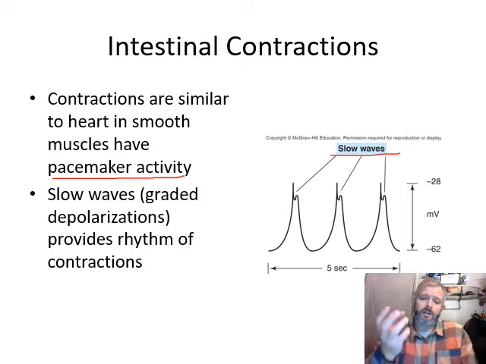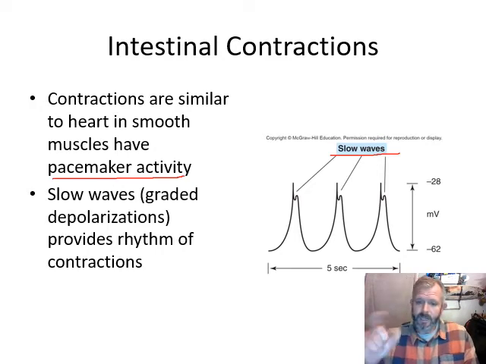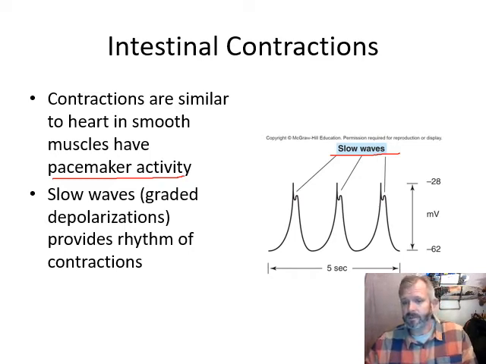In the heart, we saw the sympathetic increase the activity of the autorhythmic cells, whereas the parasympathetic decreased them. It's going to be opposite here, in that the parasympathetic, right, we're in the digestive tract, rest and digest for parasympathetic, will increase the activity, and the sympathetic would inhibit the activity or inhibit the slow wave movement.